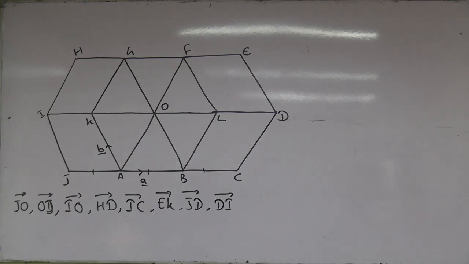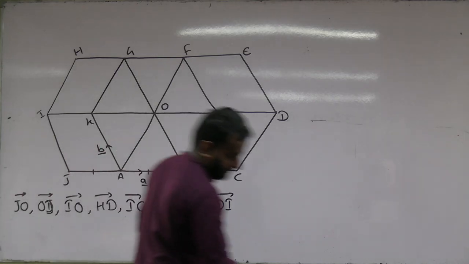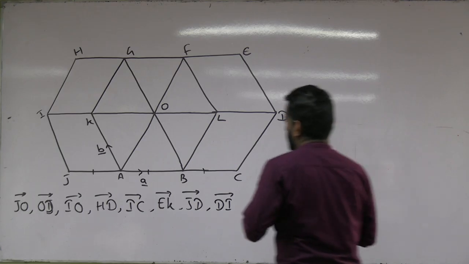Okay, so we'll start from JO. Before that, we have to write the equal vectors. So we'll start from the horizontal ones.